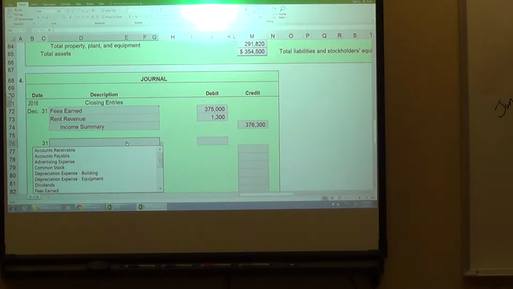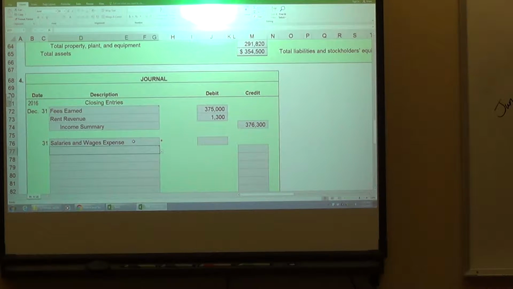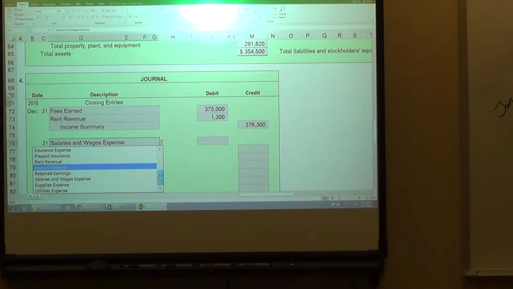I'm going to go through all the expenses here. Remember where to find that. That starts on 125 there. Oops, I should have come someplace first. Sorry.